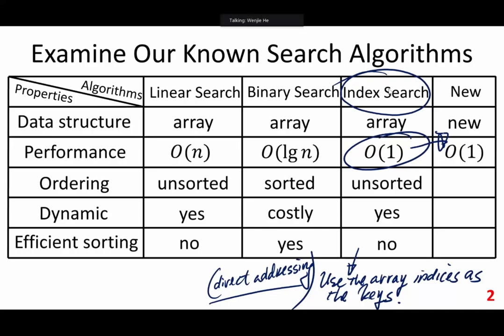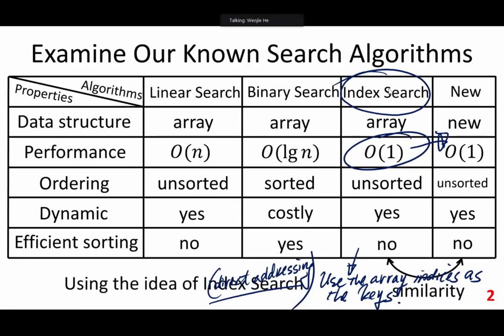If we can find a smart way to eliminate that big drawback, then we get a very efficient search algorithm. So that's the idea. Let me go to the next.